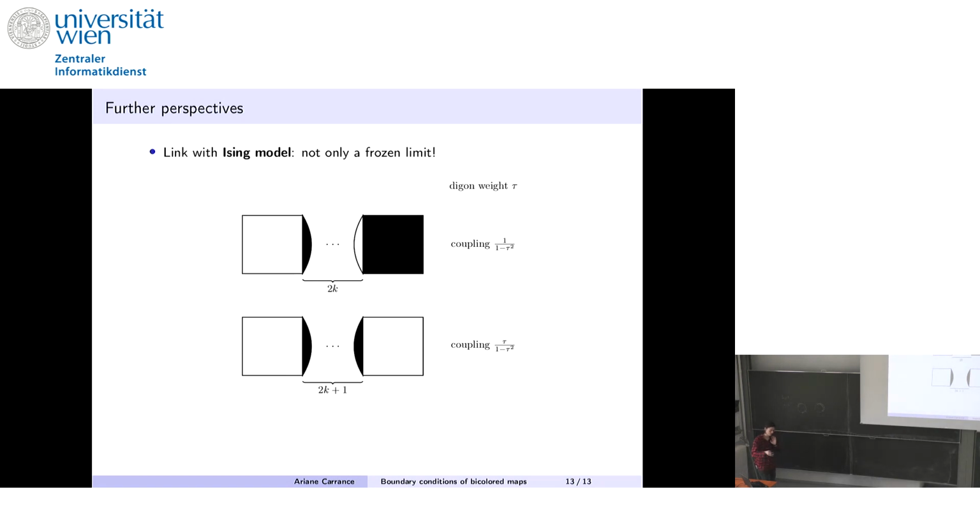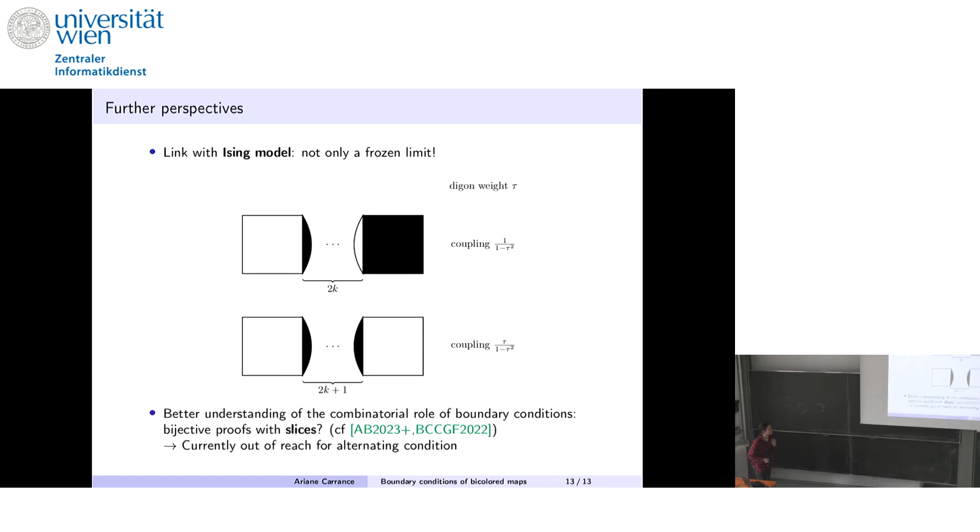But as we've discussed about the roles of the digons in this model, if you take digons and you don't really care about the number of digons that you have, but you just contract them into edges when you have a sequence of them, then you can think of these digons as representing the coupling constants of your Ising model, because for other faces you will have either different colors or the same depending on the parity of the number of digons that you have in between.